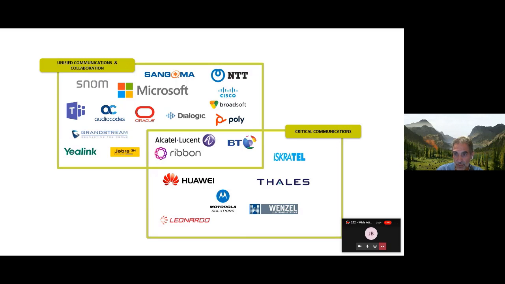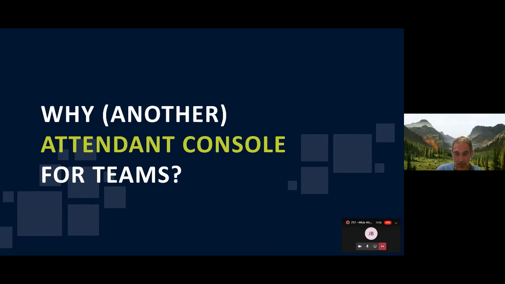By critical communication, I mean communications used in environments like railways, transportation in general, airports, and command and control, so places where reliability is definitely a must. So having said that, let's go into the core of this presentation.